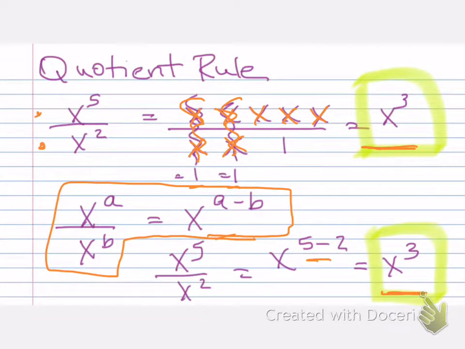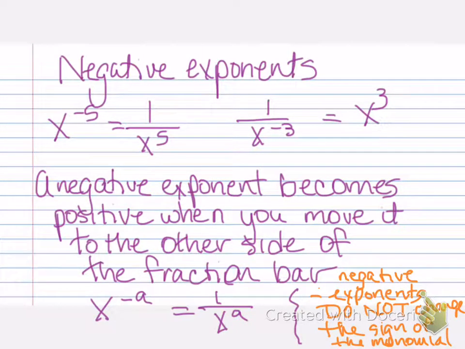Negative exponents are unique because you have the opportunity to make it positive. If you're not comfortable with dealing with negative exponents, or if the problem requires you to use only positive exponents, it helps to know what to do with them. Simply, a negative exponent becomes positive when you move it to the other side of the fraction bar. If I had x to the negative 5 and I needed a positive exponent, here it would become positive.